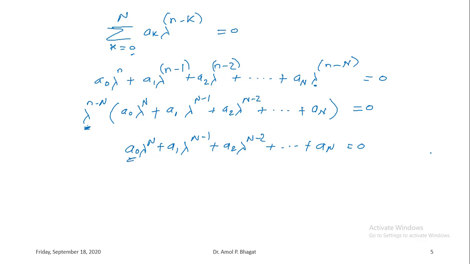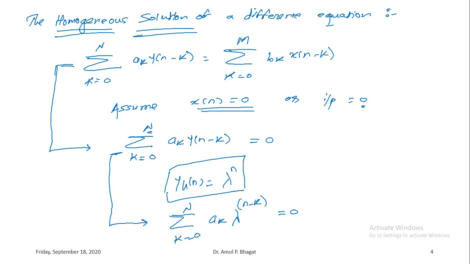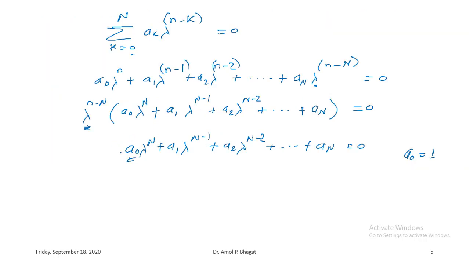And this a0, as we have seen in the previous session, is equal to 1, because in the actual form of our generalized difference equation, when you substitute k equals 0, it will be a0 y of n, but the coefficient of y of n is generally 1. So a0 is 1 here, and you can take it as 1.